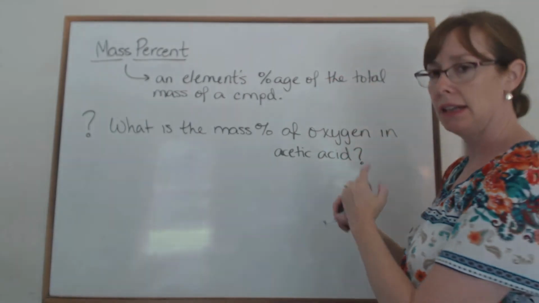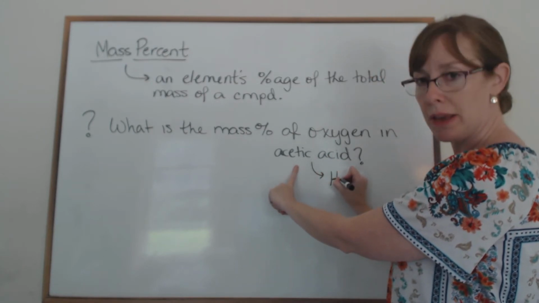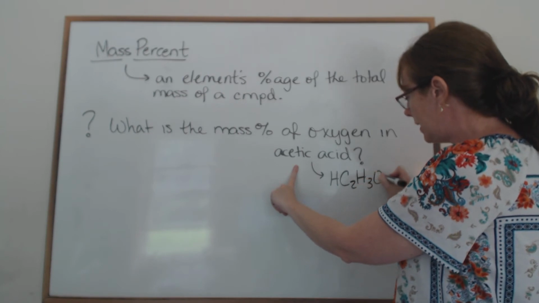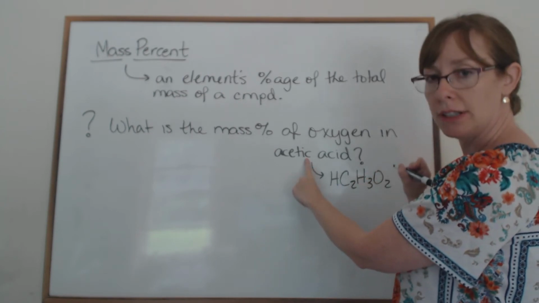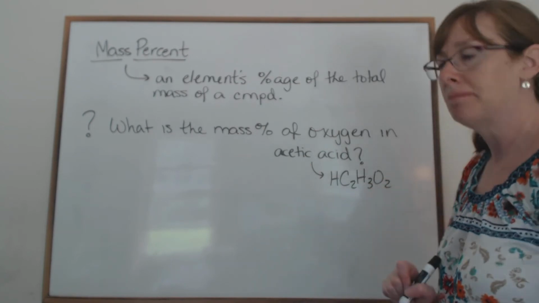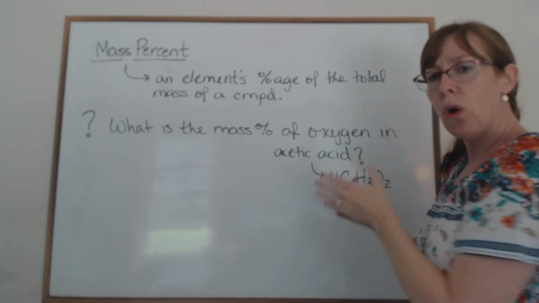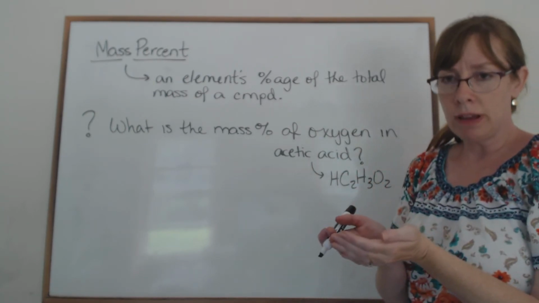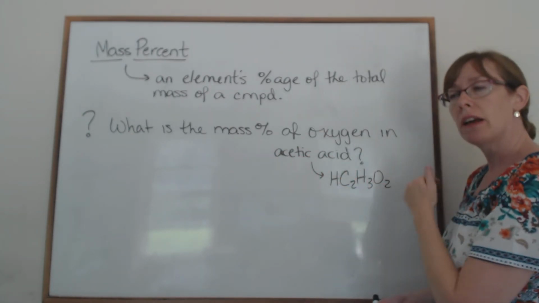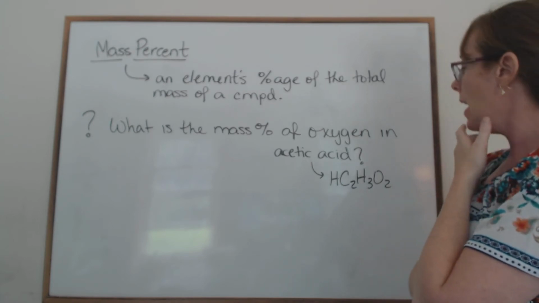Acetic acid is, hopefully you memorized it, H, because that's what makes it an acid, but it contains acetate. Notice once again, the 'ate' became 'ic'. That's just the rule. That's acetic acid. So mass percent is basically saying, in the total mass of acetic acid, how much of that comes from oxygen atoms?